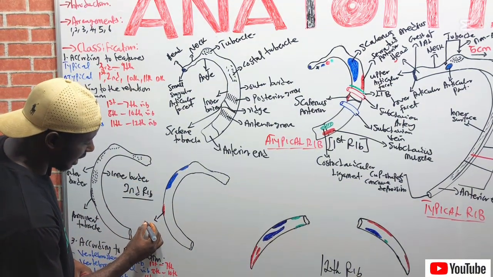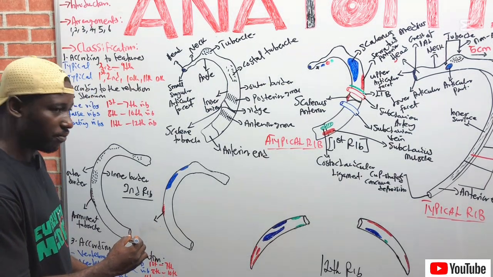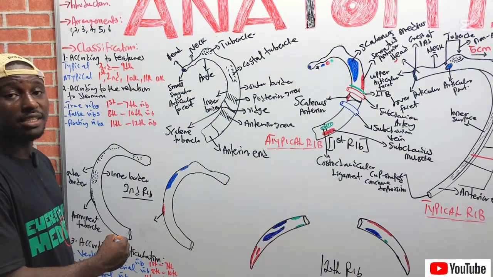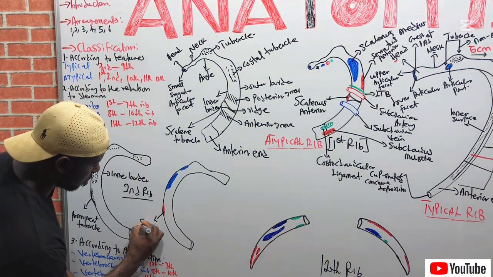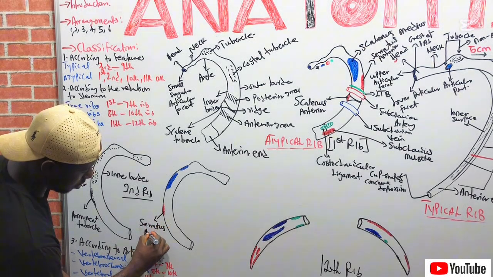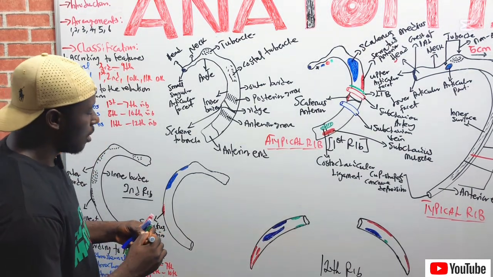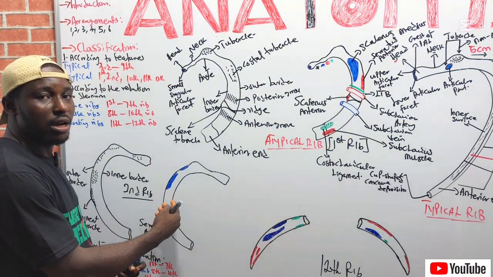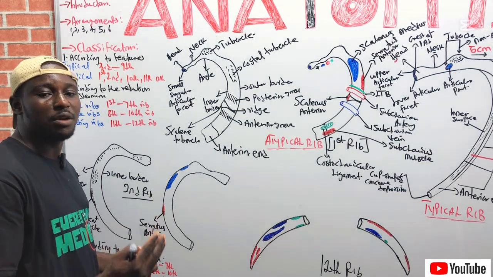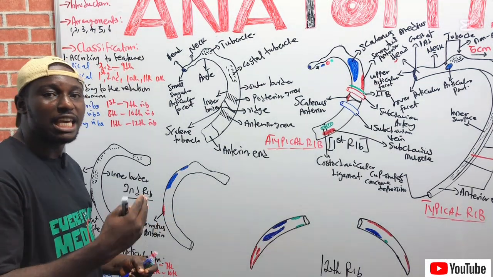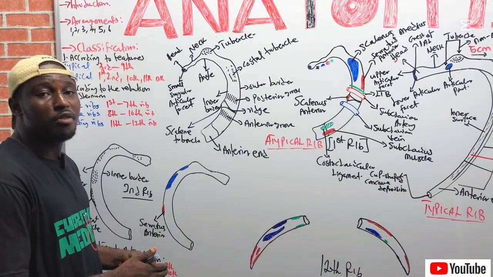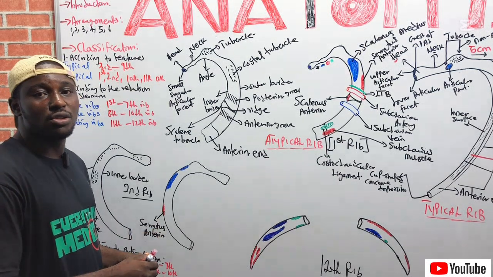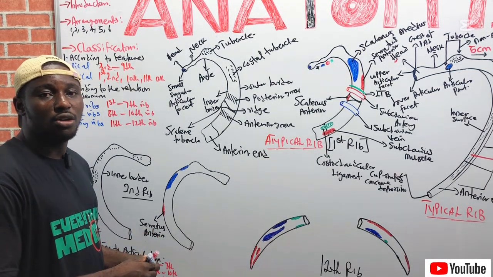This is serratus anterior, please, not serratus posterior. This prominent tubercle gives a site of attachment of the serratus anterior. However, the upper aspect of the outer border and the adjoining part of the upper surface give a site of attachment of the scalenus posterior and also serratus posterior superior.